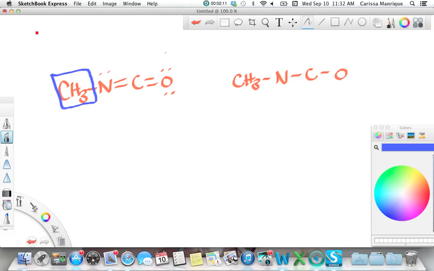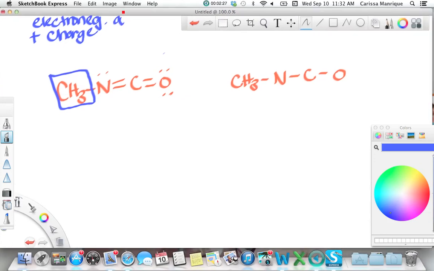One would be a positive charge, because negative is attracted to positive. The other would be an electronegative atom. The reason is that, by definition, an electronegative atom is a lover of electrons, so it's so attracted to electrons that it's going to pull them towards itself.